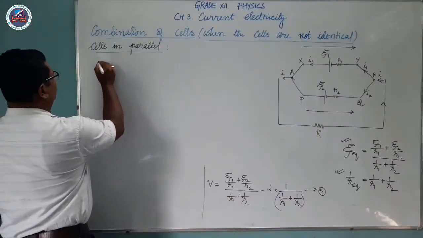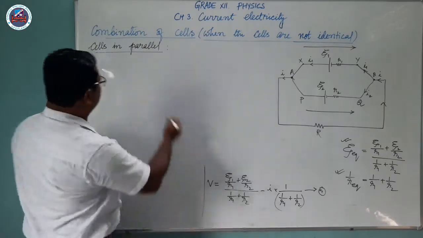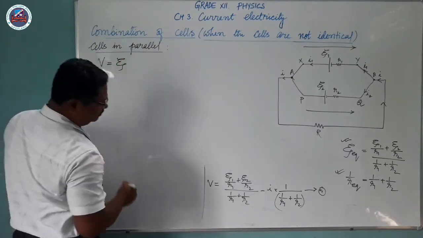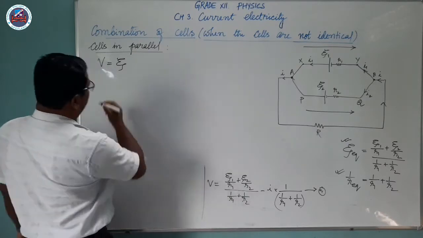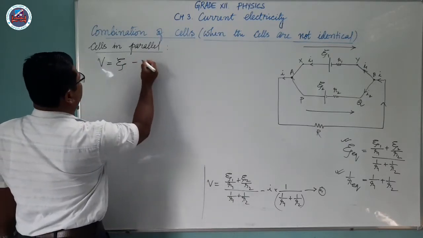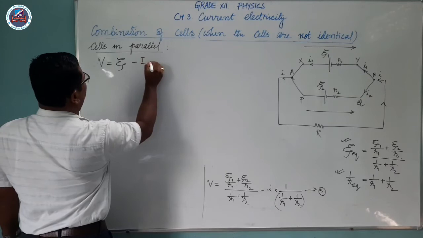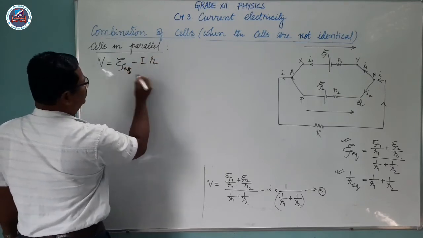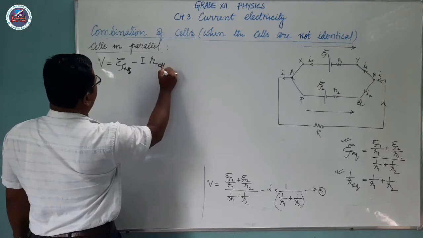Now comparing with the standard equation, V is equal to epsilon minus I R effective.